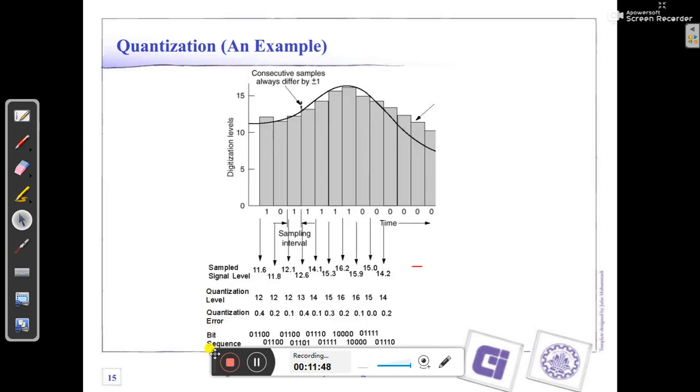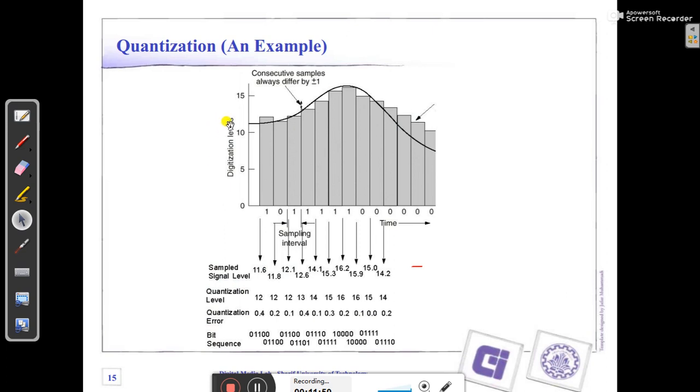Here you can see this is the sinusoidal wave. This is the vertical partition, or you can say sample partition, sampling interval. Suppose the sampling signal levels are 11.6, 11.8, 12.1, 12.6, 14.1, and 15.3, like that in time.